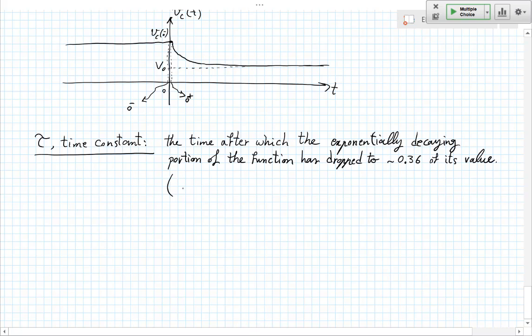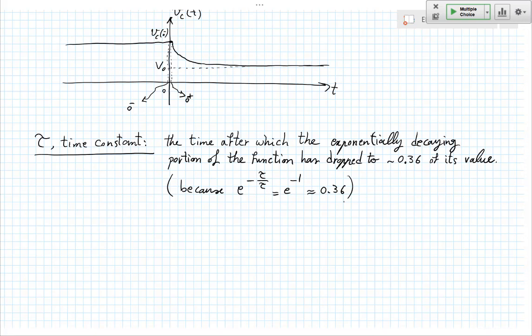And this is because e to the minus tau over tau, so if you replace t with tau, e to the minus 1 is approximately 0.36. Okay.